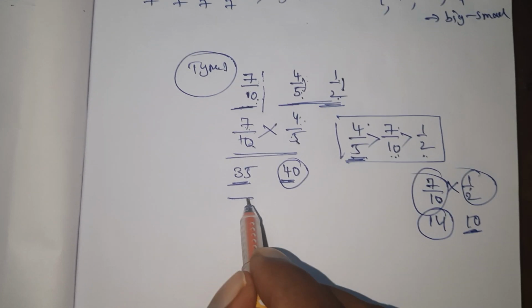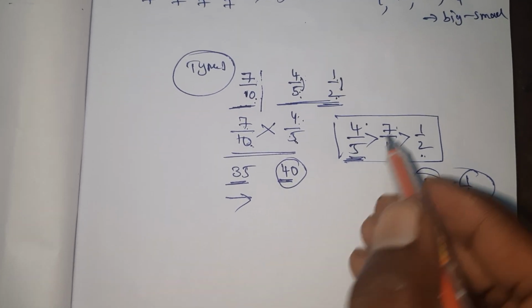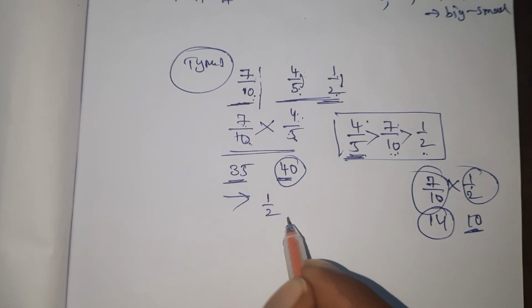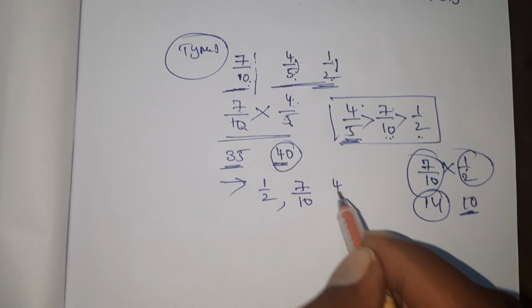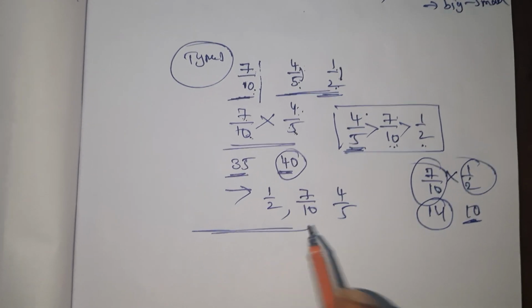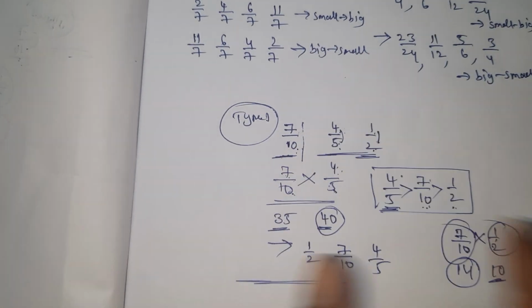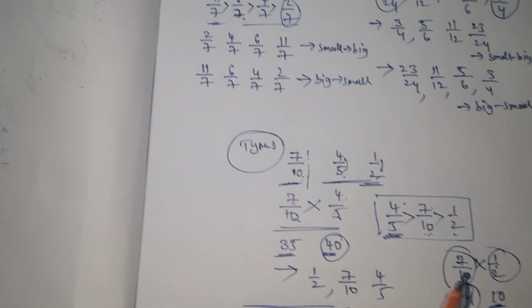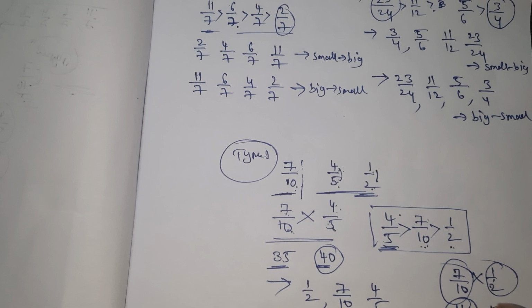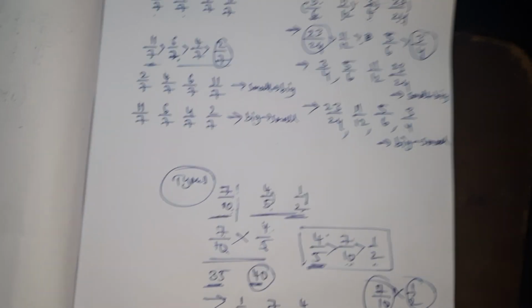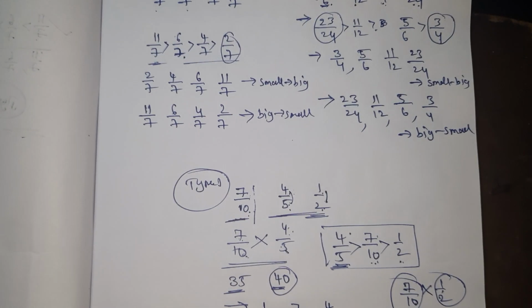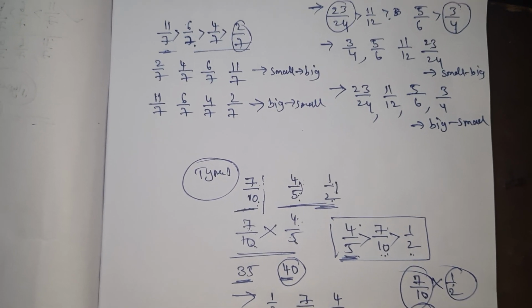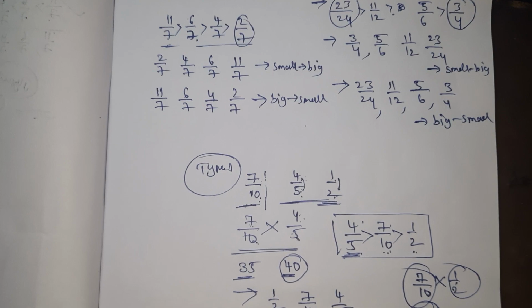Okay, if they ask us to arrange in ascending order, then 1 by 2 is the lowest fraction, the next lowest is 7 by 10, and the next one is 4 by 5. So these are the types of arranging fractions in ascending order or descending order, and deciding which fraction is the highest and which is the lowest. Okay, I hope this is understood. Okay, thank you.